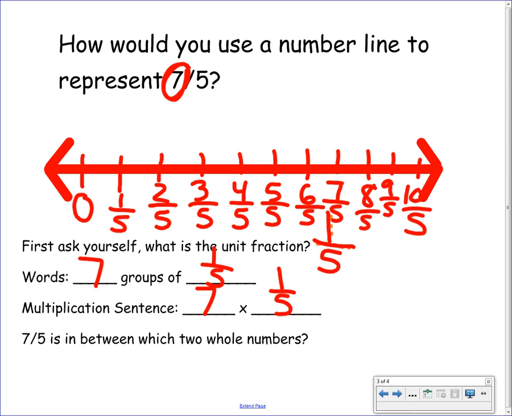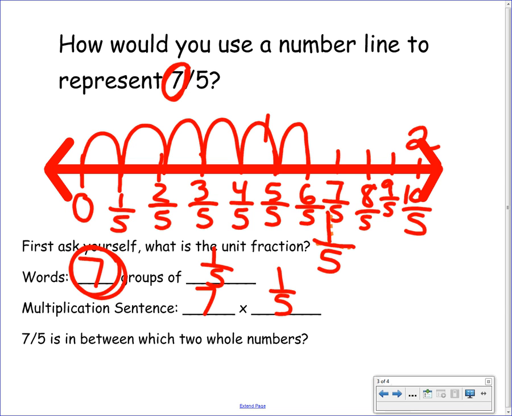And we know that 5/5 is the same thing as 1, and 10/5 is the same thing as 2. Now, how would we represent 7/5 on a number line? We know we have to have 7 jumps because we're going up 1/5 each time. So we're going to start at 0, 1, 2, 3, 4, 5, 6, 7. And there we are at 7/5. 7 groups of 1/5.